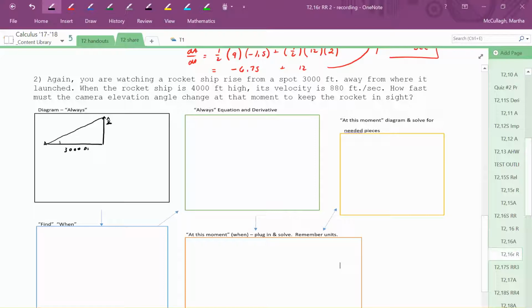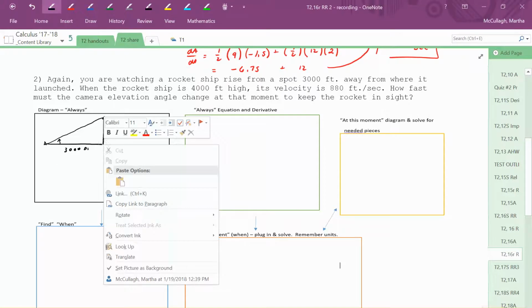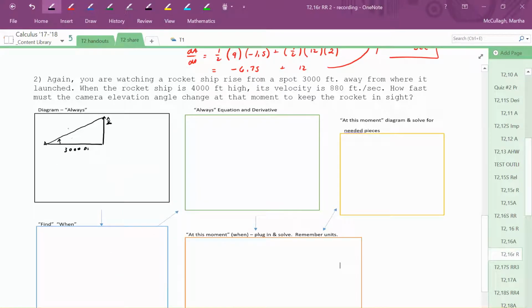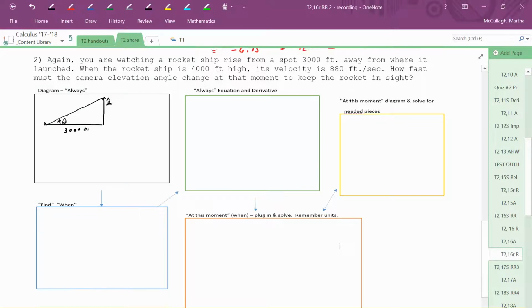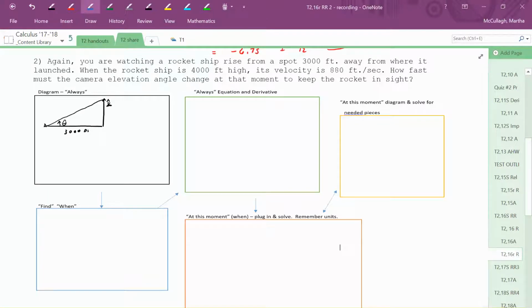So it's got to go from looking straight across to the launch pad, and instead look up to where the rocket is, so I'm going to call that angle theta. But down in my find and when box, I'm trying to find how the angle is changing.